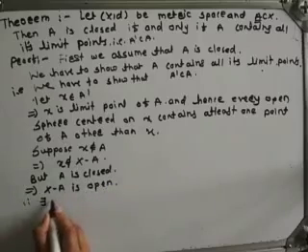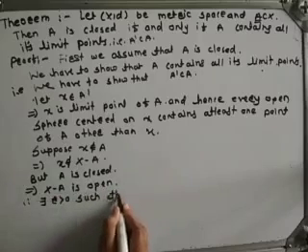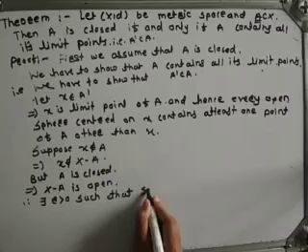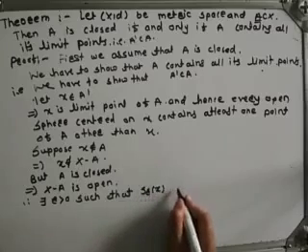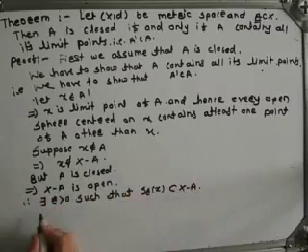Therefore, there exists r greater than 0 such that the open sphere centered at x with radius r is a subset of X minus A, since X minus A is open.